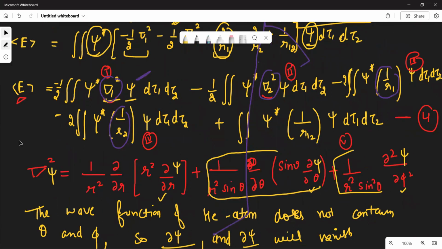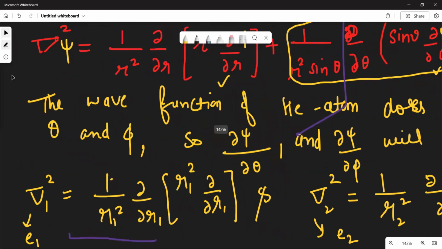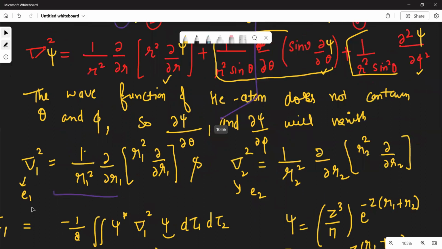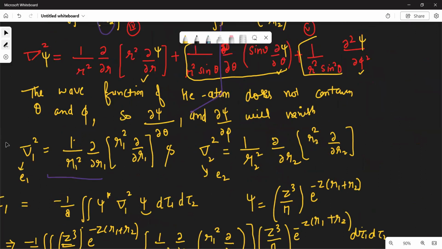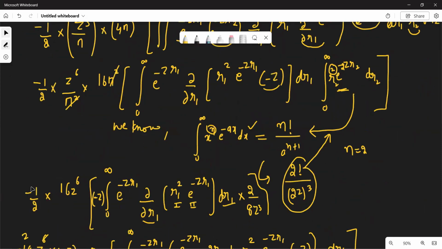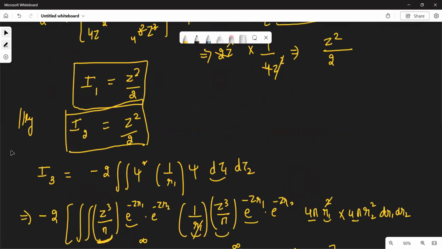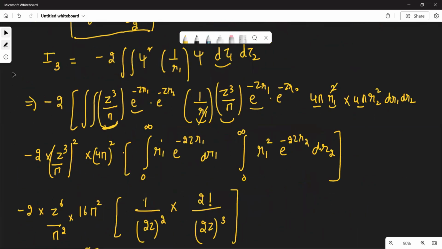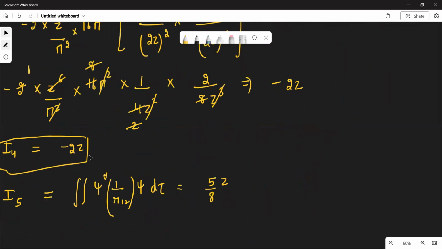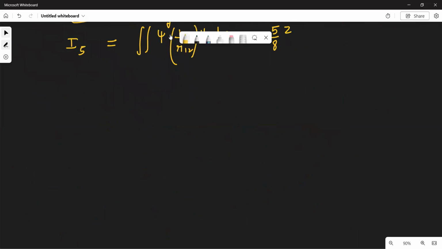So we will substitute the values of all the integrals in equation number 4.